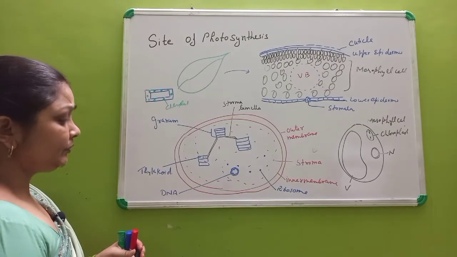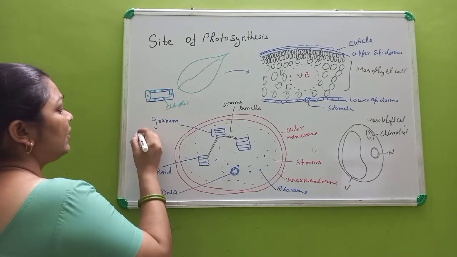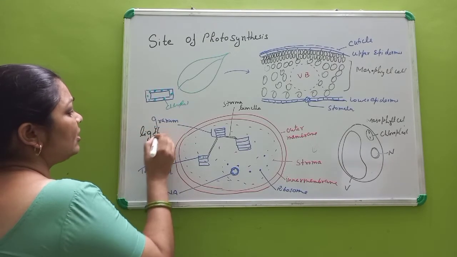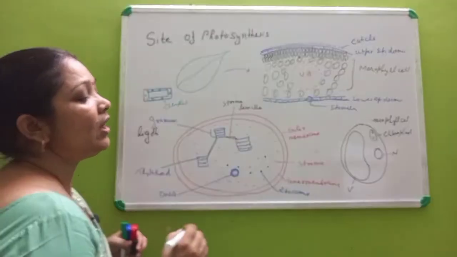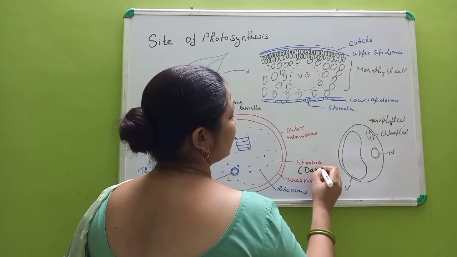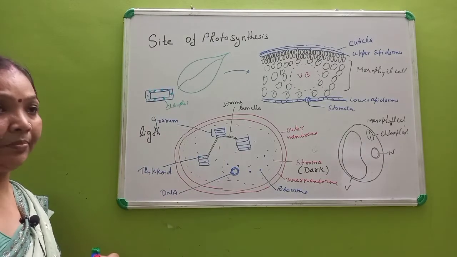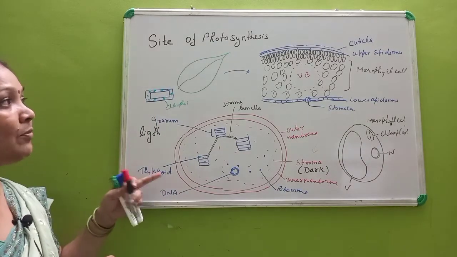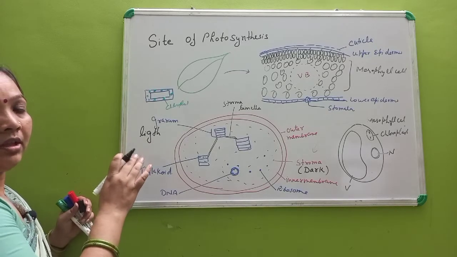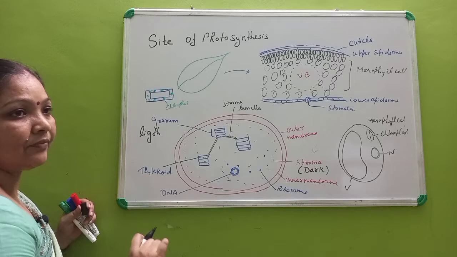Now as you all know, in the granum the reaction that occurs is the light reaction, whereas in the stroma the dark reaction takes place. So we have two types of reaction in the process of photosynthesis: one is the light reaction and the other is the dark reaction.